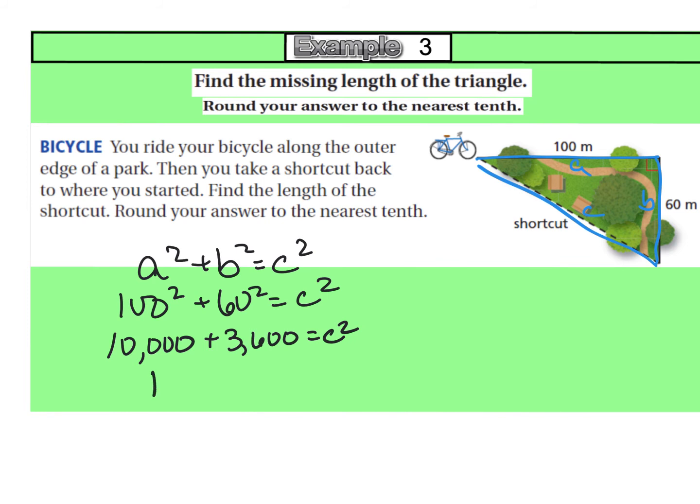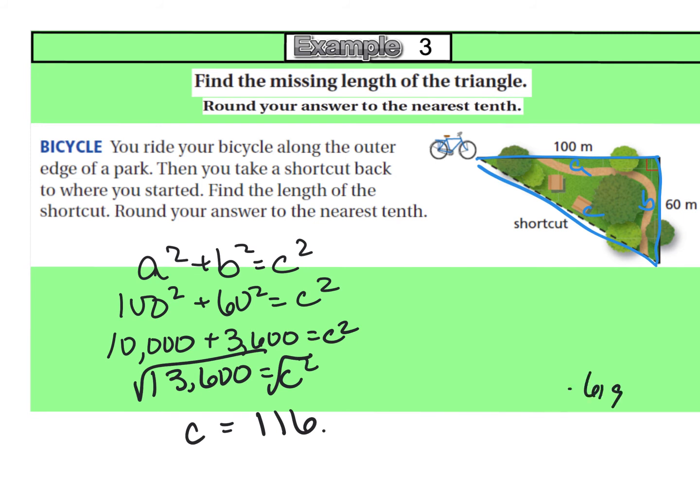Add them together, we get 13,600. We do the square root. And again, we're going to label, so round, 116.619. This one doesn't change it. 116 6/10 meters. And there's our answer.